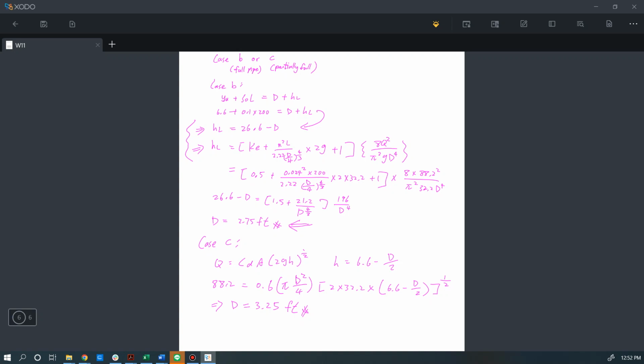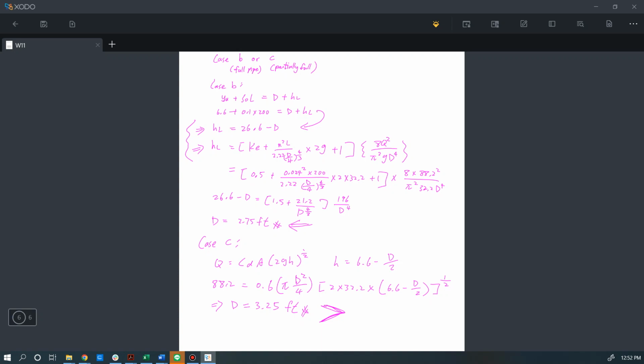But for case C, we can choose any standard pipe size that has a diameter larger than this D, then the flow condition can be satisfied, for the partially full pipe.